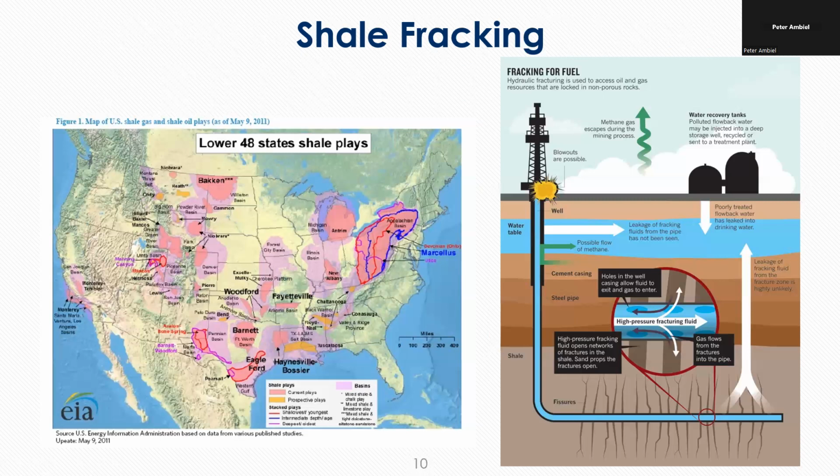And the other really big one is wastewater. You could have leakage of liquids from the fracture zone, although that is typically considered less likely. But this process, as you can probably see, uses a substantial amount of water, which can't be reused afterwards.